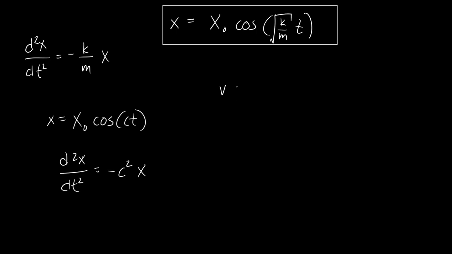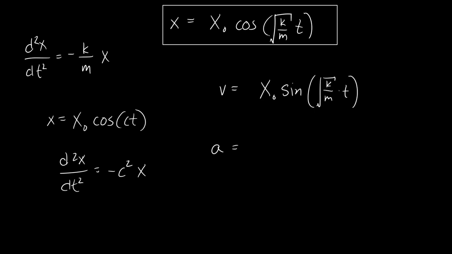You guys should be able to come up with these two by just taking the derivative. Just following along with the way we took the derivative already. I'm going to help. I'm going to take the first derivative. The x naught stays out. The cosine becomes sine. The inside here stays the same, square root of k over m times t.